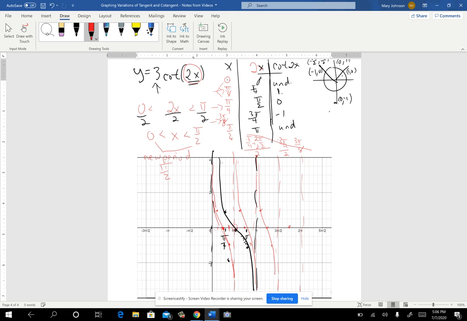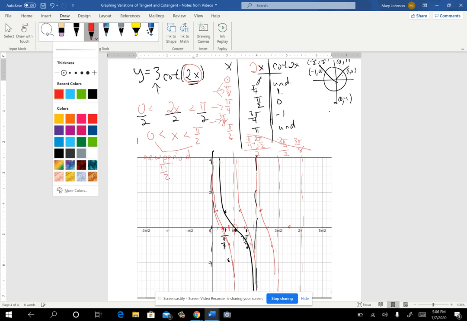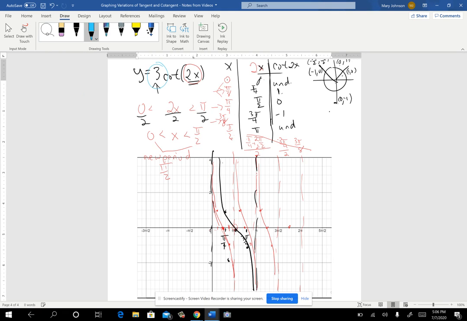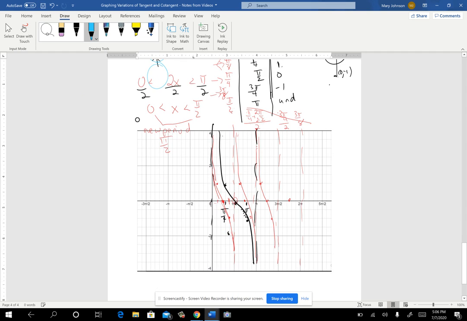Now, what would happen when we throw the 3 in there? That just stretches what you see now in red. The points that used to be at 1 are now going to be 3 times further away, so they'll be up here at 3. 0 is still going to be at 0, and this one's going to be down here at -3. We're going to wind up having it do something like that.